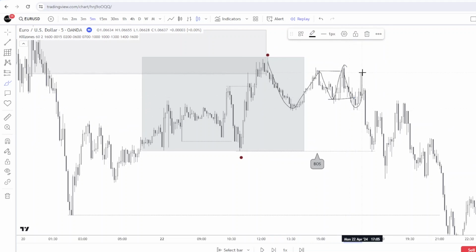Then price came down here, created a strong high again here, then we have another strong high created right there. So I'll put this dot here. That's a strong high created on M5.